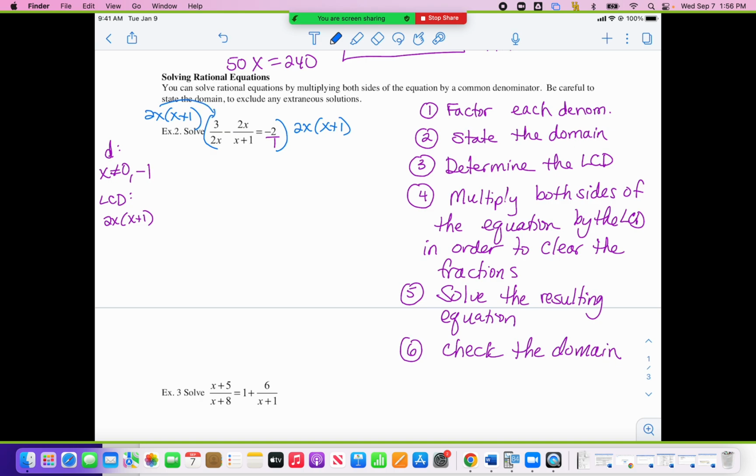Now it is going to get distributed here. So I'm going to write it out the first time, and then I'm going to try to do it mentally, because it's just a pain to write it all out.